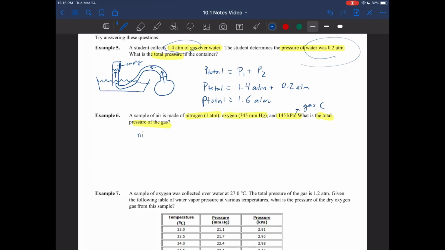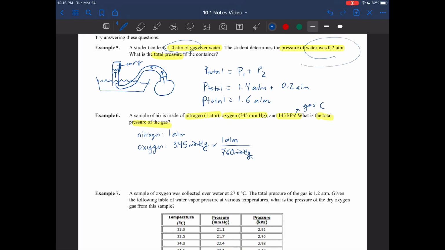Let's see. Nitrogen, we already know that's 1 atmosphere, so nothing needs to be done there. Oxygen, it looks like we're starting with 345 millimeters of mercury. So to convert that to atmospheres, let's use our conversion factor. We know that there are 760 millimeters of mercury at sea level, which is what the pressure is in 1 atmosphere as well.